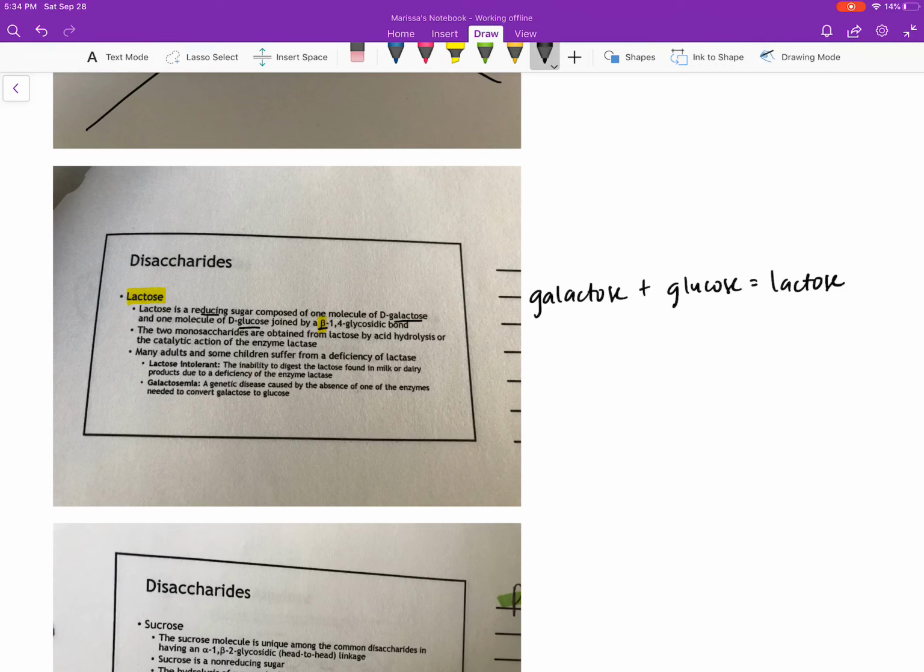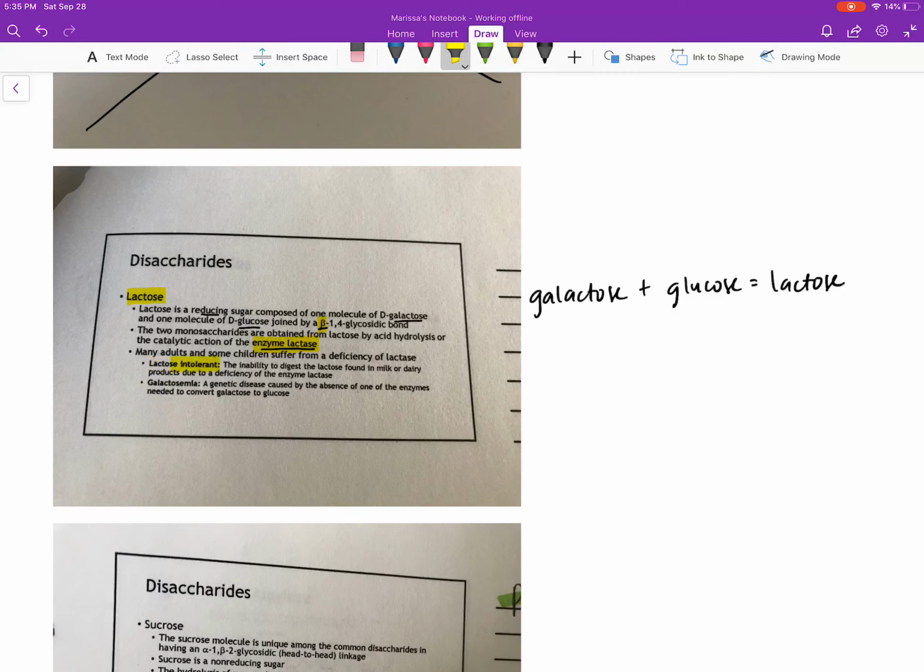So the two monosaccharides are obtained from lactose by acid hydrolysis or the catalytic action of the enzyme lactase. Okay, so this is kind of an important new thing that we didn't see in the last one. And so we know that sometimes adults and children suffer from the deficiency of lactase. And what that means is if you are deficient in lactase, you usually end up being lactose intolerant. And so that's what this says right here.